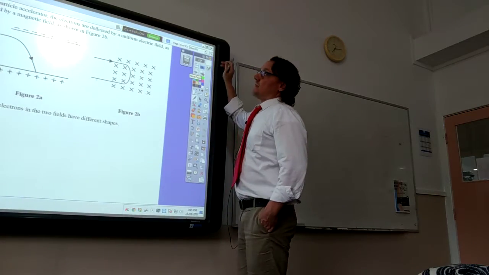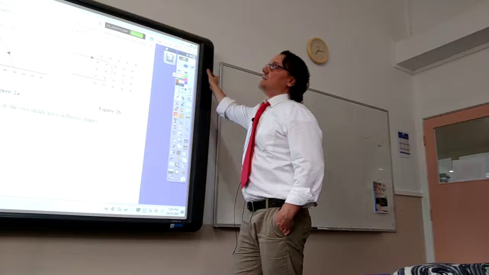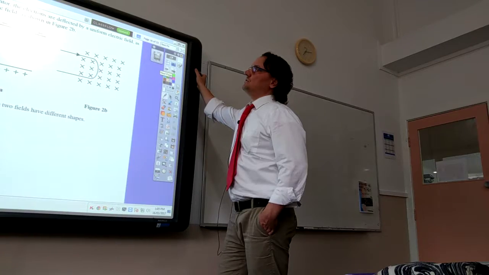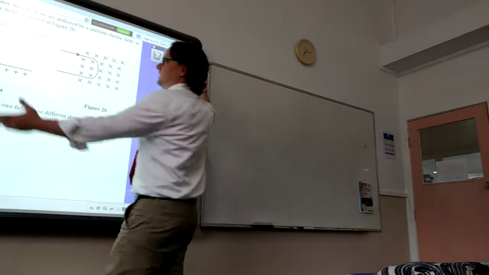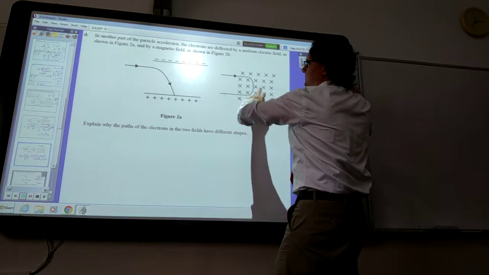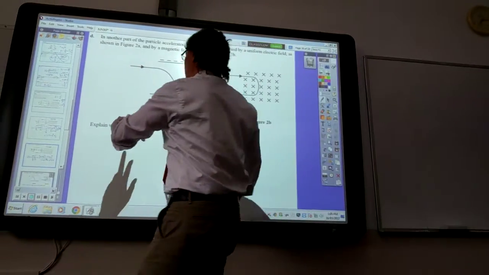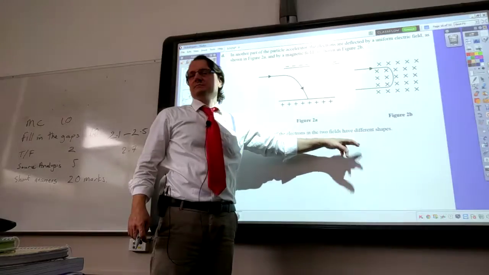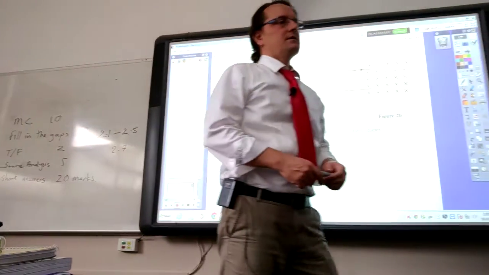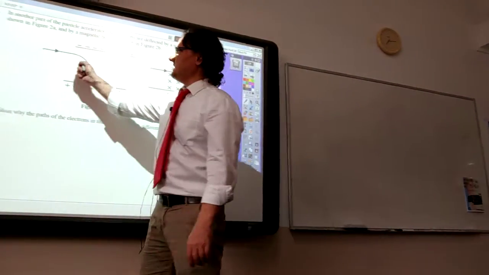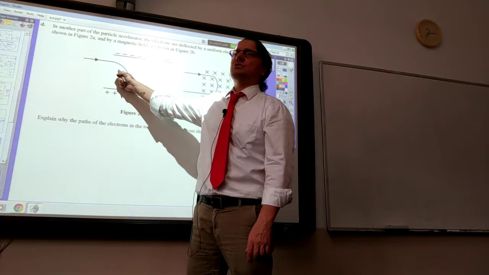Alright, thank you. And the next part: in another part of the particle accelerator, the electrons are deflected by a uniform electric field as shown in figure 2.2a, and by a magnetic field as shown in figure 2.2b. Explain why the paths of the electrons in the two fields have different shapes. That's a good question. Why is the electron not making a circle here?